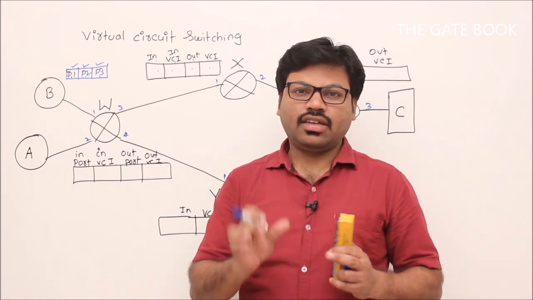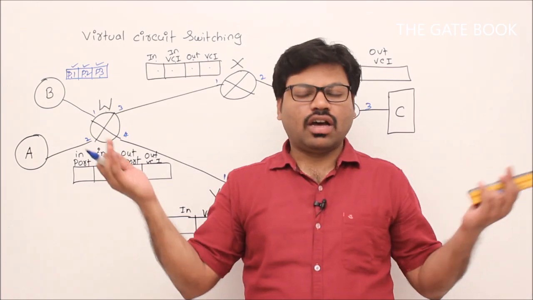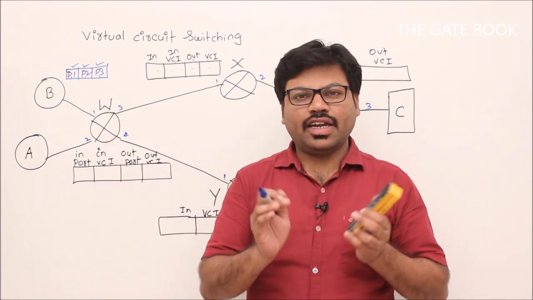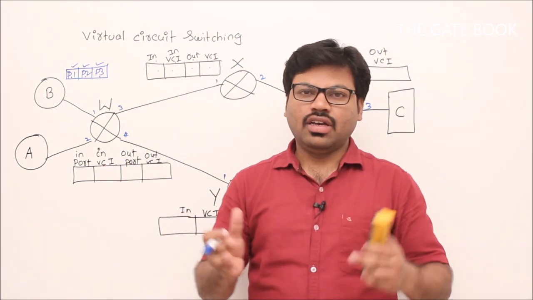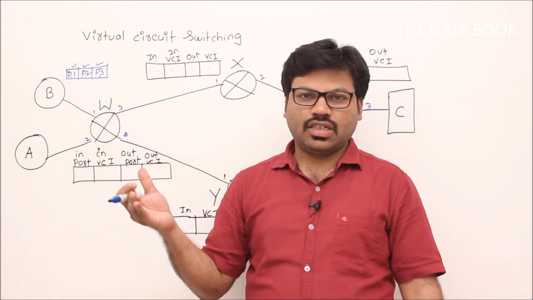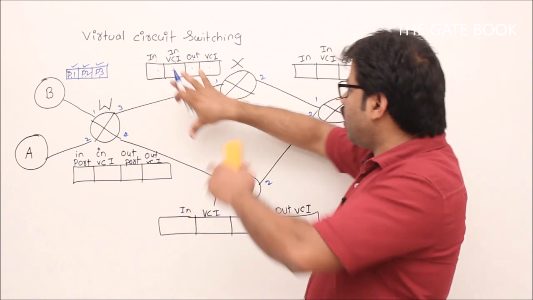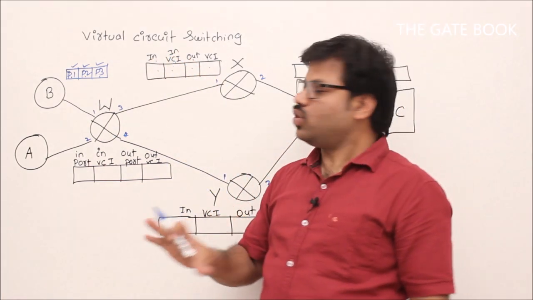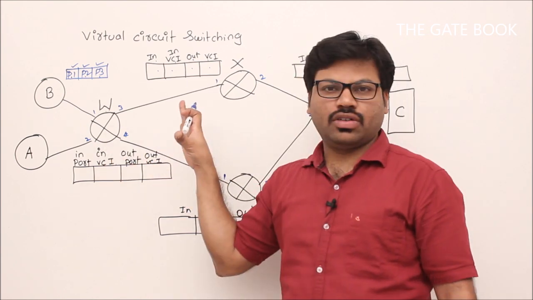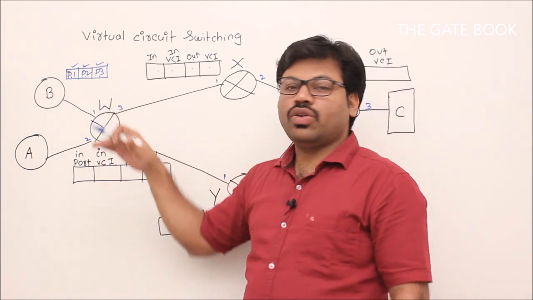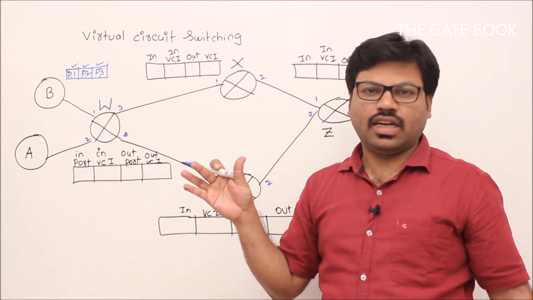Relatively, they are smaller in size, but IP addresses are generally large, because they have to uniquely identify all the computers of the world. That's why their length is a little big. But virtual circuit identification numbers are generally local to a particular network. Assume this is your virtual circuit network where you are implementing virtual circuits. Then the virtual circuit identification number should be unique within this scope itself. That is enough.